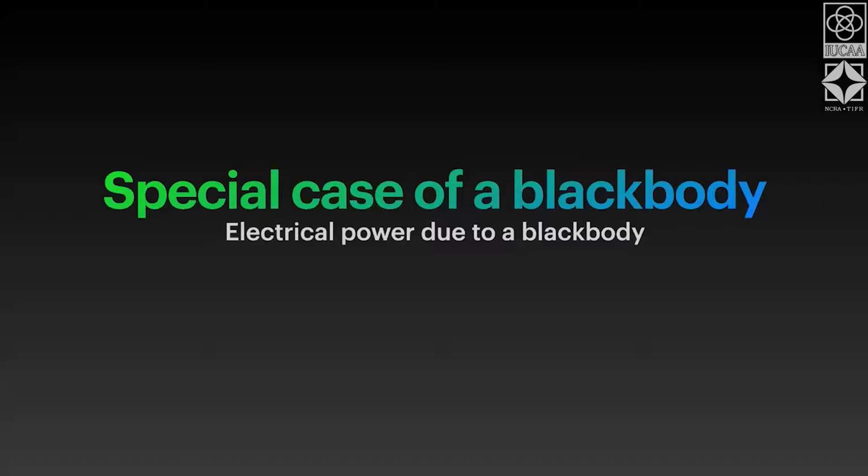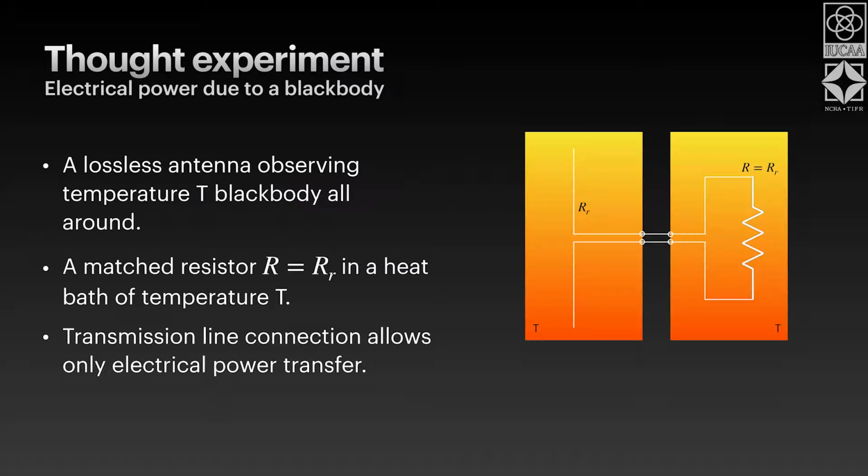What one can do is look at the special case of a black body and try to see how much power is generated from observing a black body. For this, there is a good little thought experiment one can do, where you start out with a lossless antenna, which doesn't have any internal resistance, but of course it will always have radiation resistance, because if charges are going to accelerate, it is going to radiate, and that is a form of resistance.